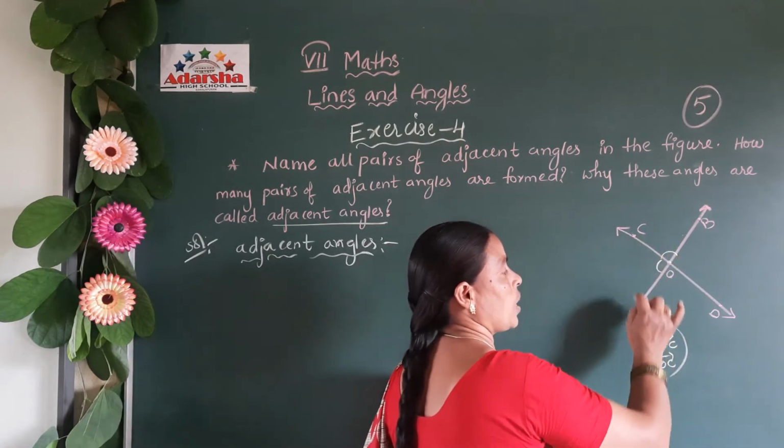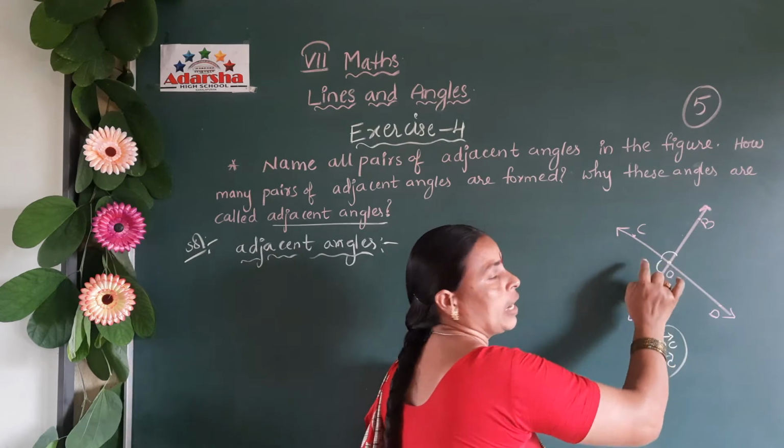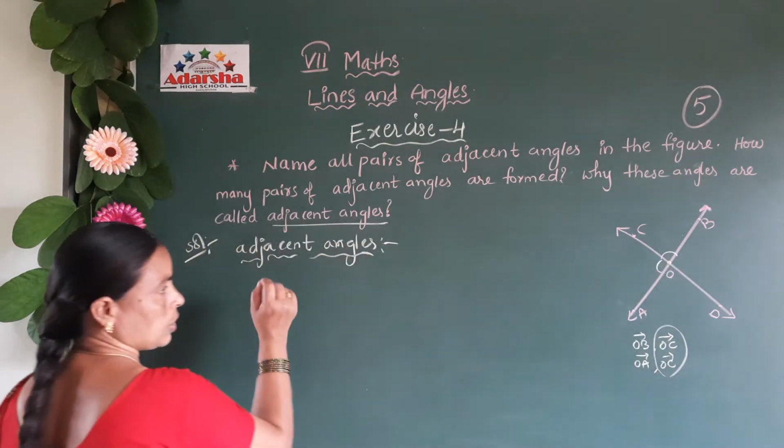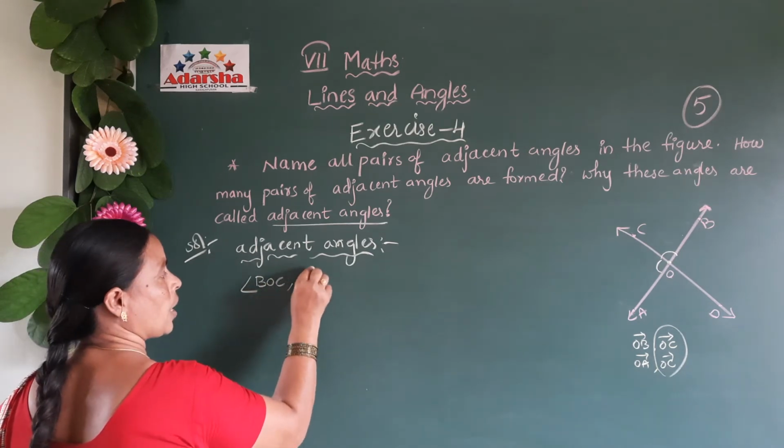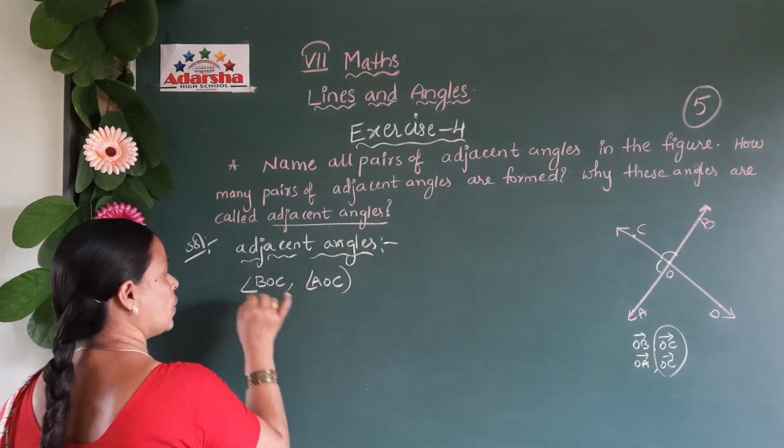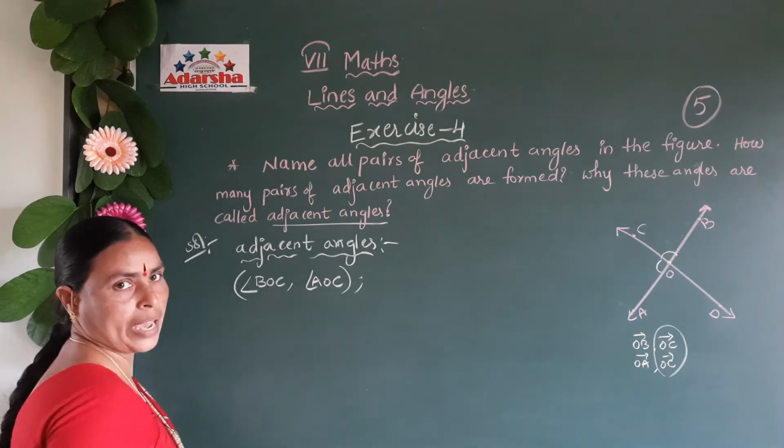So angle BOC and angle AOC are called adjacent angles. What is the first pair of adjacent angles? Angle BOC and angle AOC. This is one pair of adjacent angles.